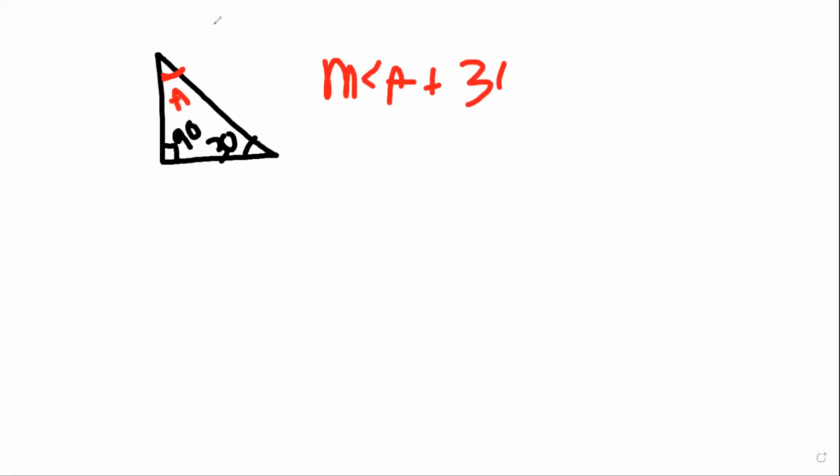If we have a triangle, and if this is 90, and this is 30, how do you know the measure of this angle? You say the measure of angle A plus 30 plus 90 equals what? 180. Bravo.